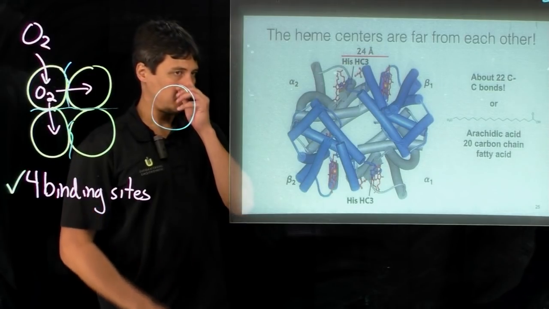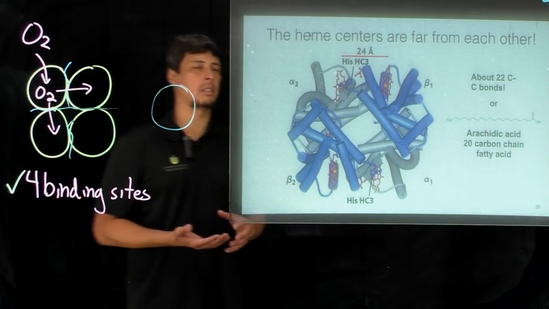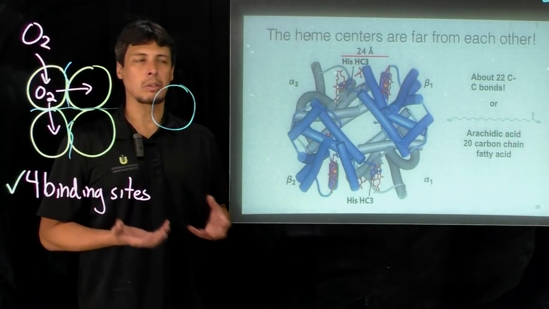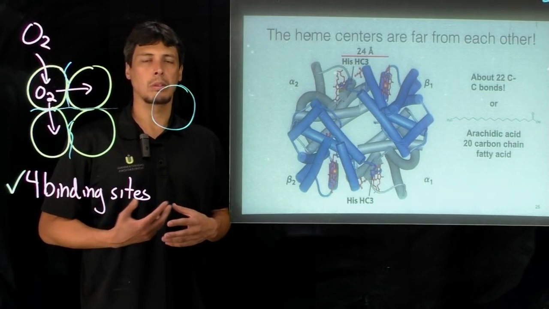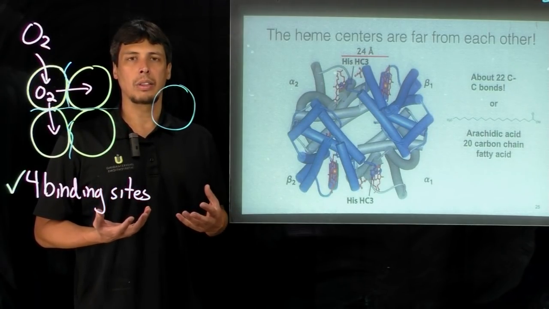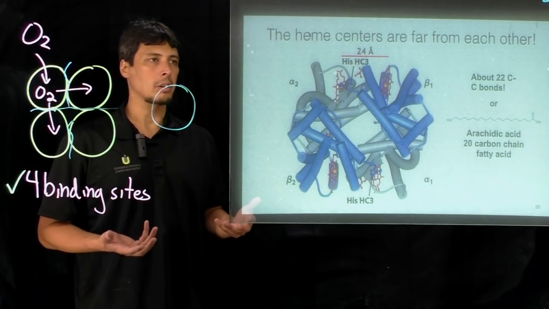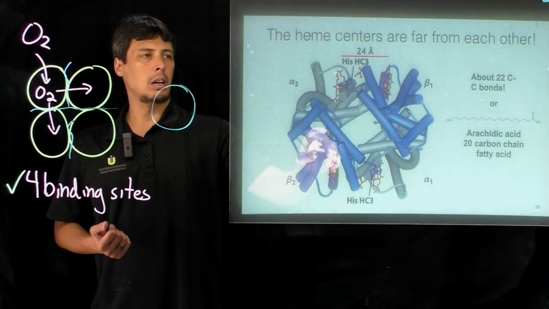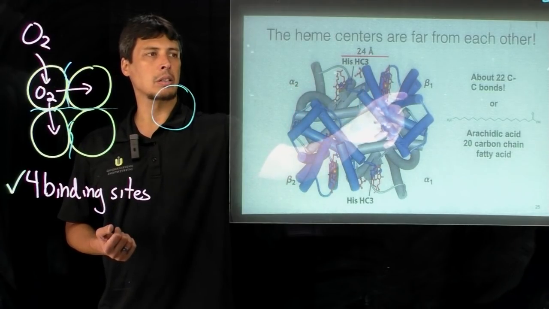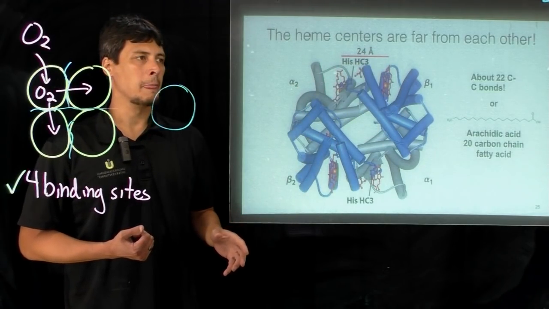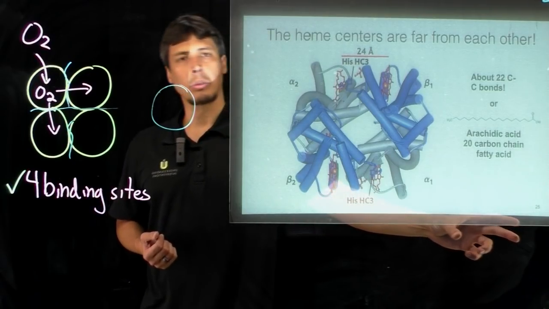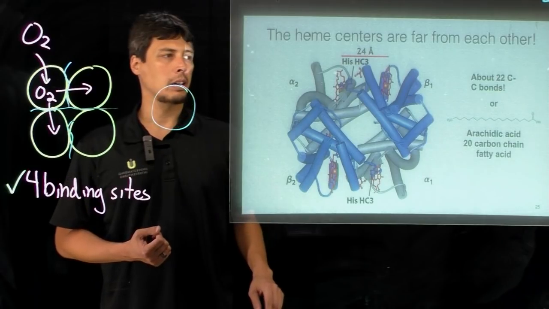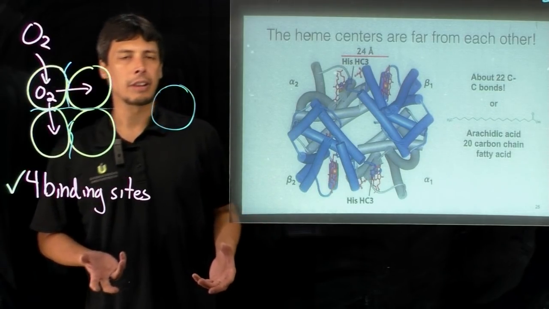And so it's an interesting phenomenon because there's no direct connection between these ligand binding sites. In other words, what I'm trying to say is that the hemes where O2 binds don't touch each other. And in fact, the hemes, for instance, between an alpha and a beta subunit are 24 angstroms away. That's roughly the equivalent of 22 carbon-carbon bonds or the size of arachidic acid, which is a 20-carbon chain fatty acid.